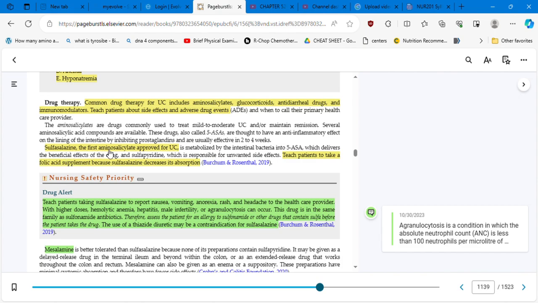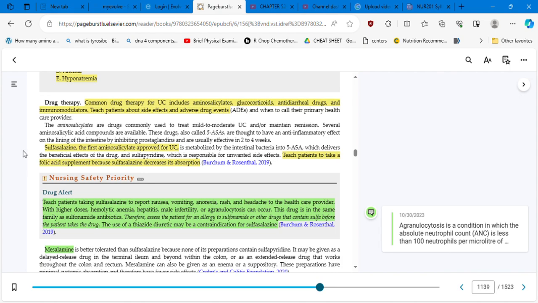Sulfasalazine, the first aminosalicylate approved for UC, is metabolized by the intestinal bacteria into 5-ASA, which delivers the beneficial effects of the drug, and sulfapyridine. Teach patients to take a folic acid supplement because sulfasalazine decreases its absorption.